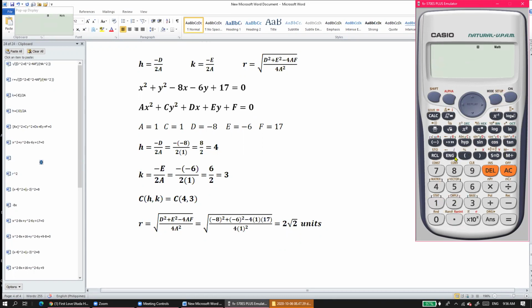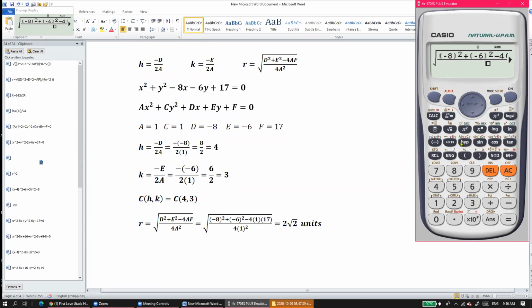So square root. And then I'll type a fraction. Sa taas, I'll type negative 8 square plus negative 6 square minus 4 times 1 then times 17.